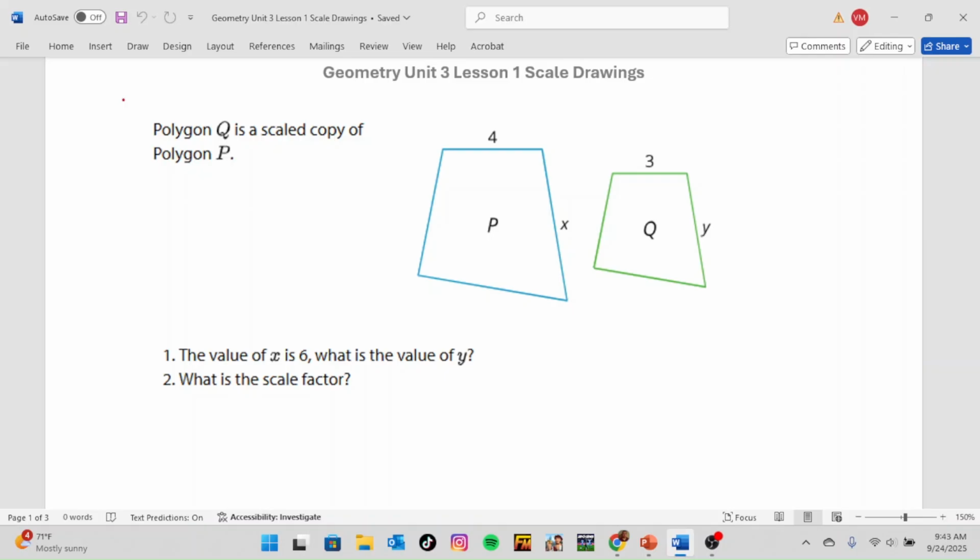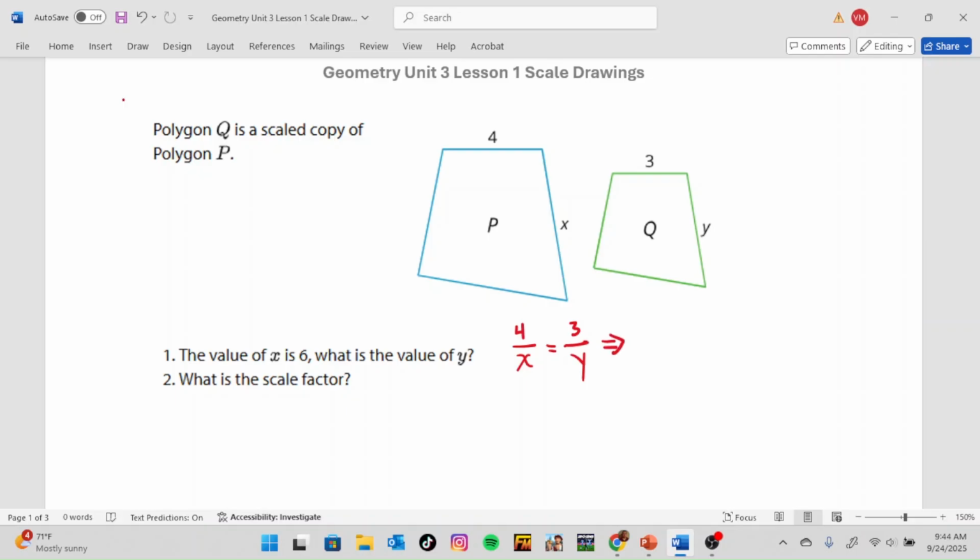So what we can do to figure this out is, in order to set the two shapes equal, we're going to take 4 over x, since those are the original side measurements, and we're going to set it equal to 3, because that's the corresponding part to 4, over y, because y is the corresponding part to x.